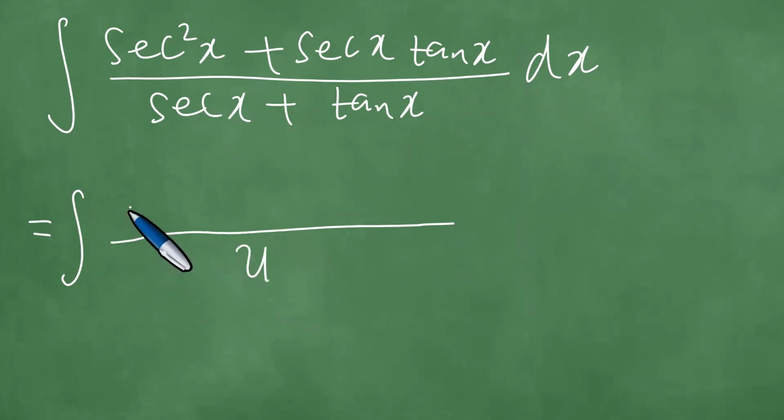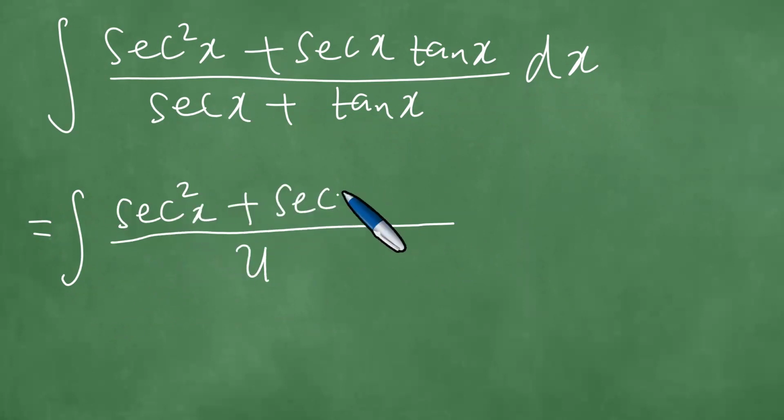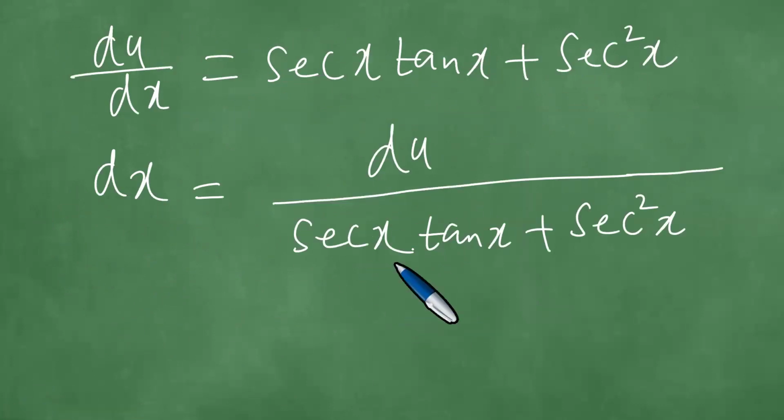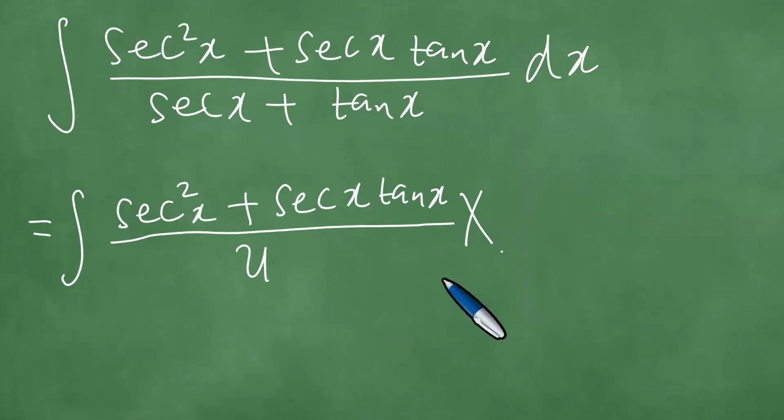It is only u. In the numerator, we have the secant squared of x plus the secant of x tangent of x, and we multiply by dx. What is dx? It is du over the secant tangent plus the secant squared.